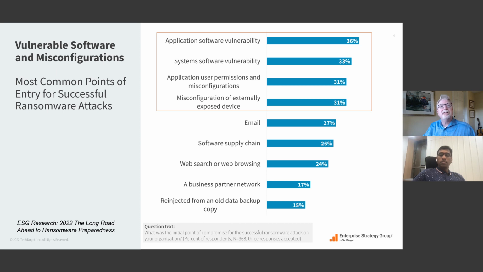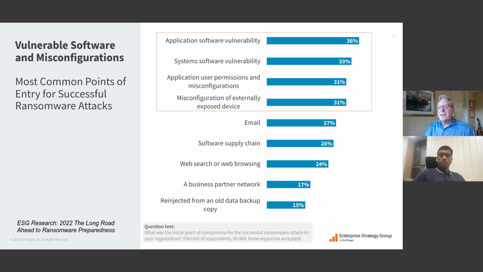The number one entry point for successful ransomware attacks, and by the way a very significant number of organizations have experienced successful ransomware attacks and had full-blown outages and paid the ransoms, were application software vulnerabilities, system software vulnerabilities and misconfigurations.